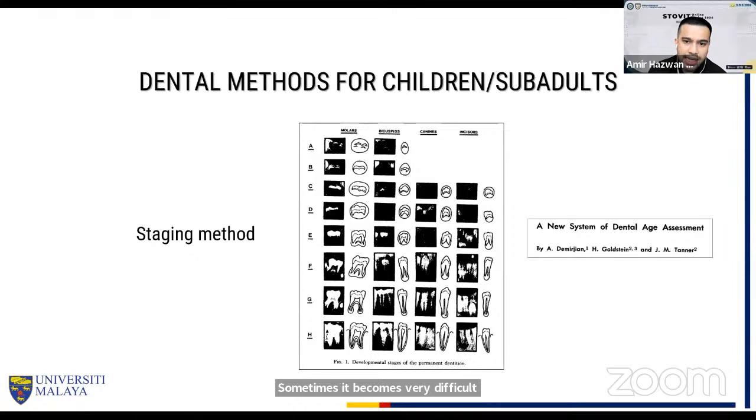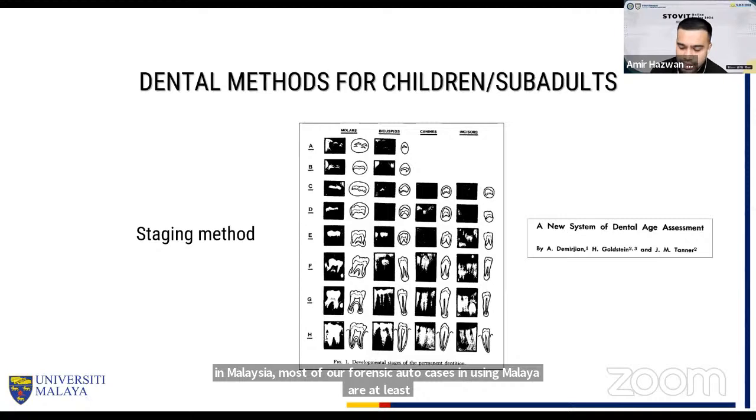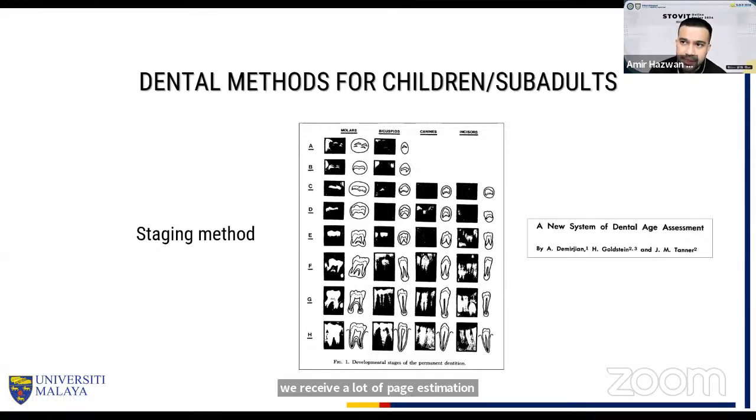In Malaysia, most of our forensic odontology cases in Malaya, we receive a lot of age estimation cases. Also in our general government practice, sometimes the police don't know where to refer the cases, so they refer to the general dentist to perform age estimation.